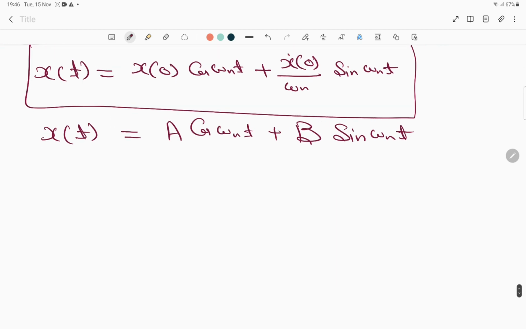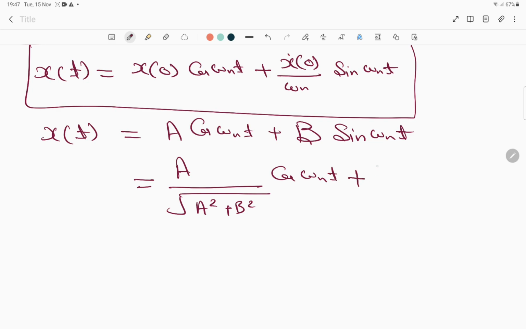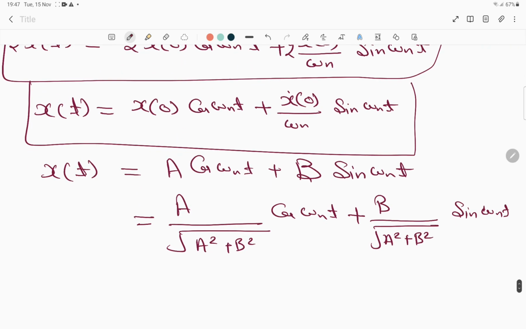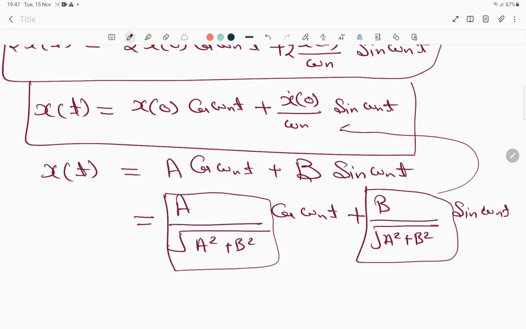So now what I can do is divide this entire thing by root a square plus b square, then I will have a divided by root a square plus b square over here with cos omega nt, and then I will have b divided by root a square plus b square with sine omega nt. That is what I can do. So whatever term I have got over here, I am writing as this, and whatever this term I have got over here, I am writing as this. That is what I want to do.